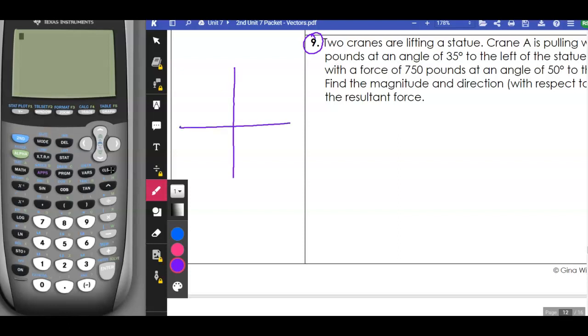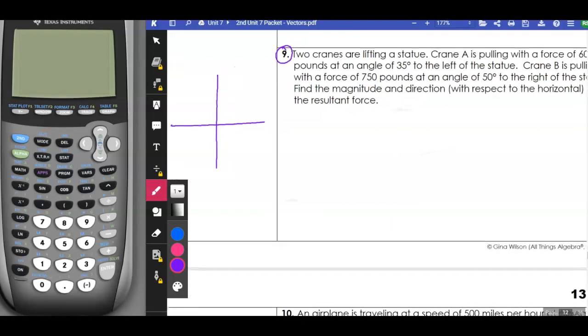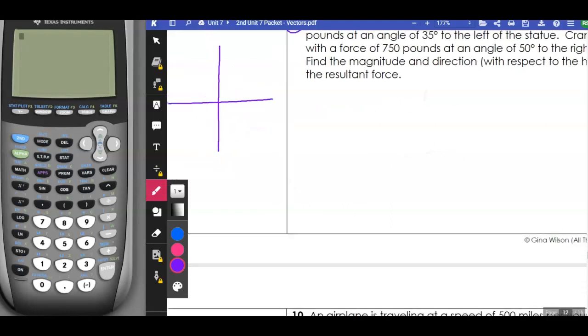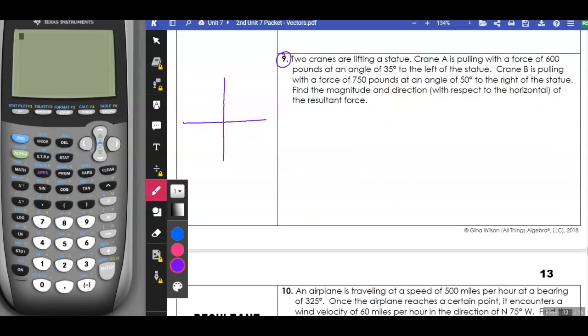Okay. Now it says that there are two cranes, each applying a force to a statue. Where should we pretend the statue is, do you think? On the origin. Yeah. We should pretend that the statue is on the origin. And it says that crane A has an angle of 35 degrees to the left of the statue.